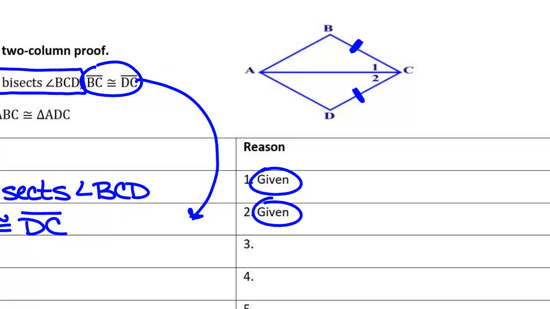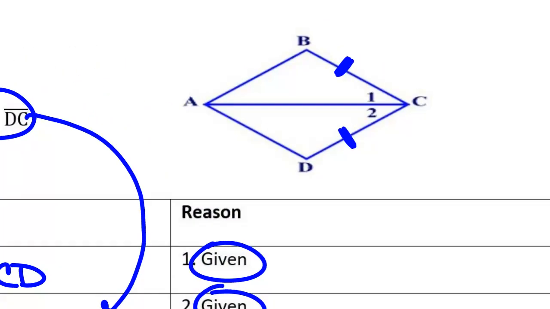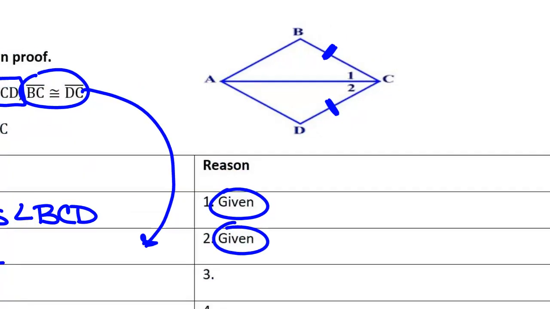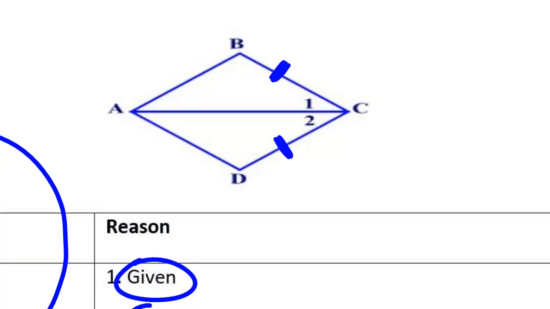What do bisectors do? They cut things in half. What is being cut in half? AC is the thing doing the cutting. So AC is like the knife. Angle BCD, this angle right here, is being cut in half.